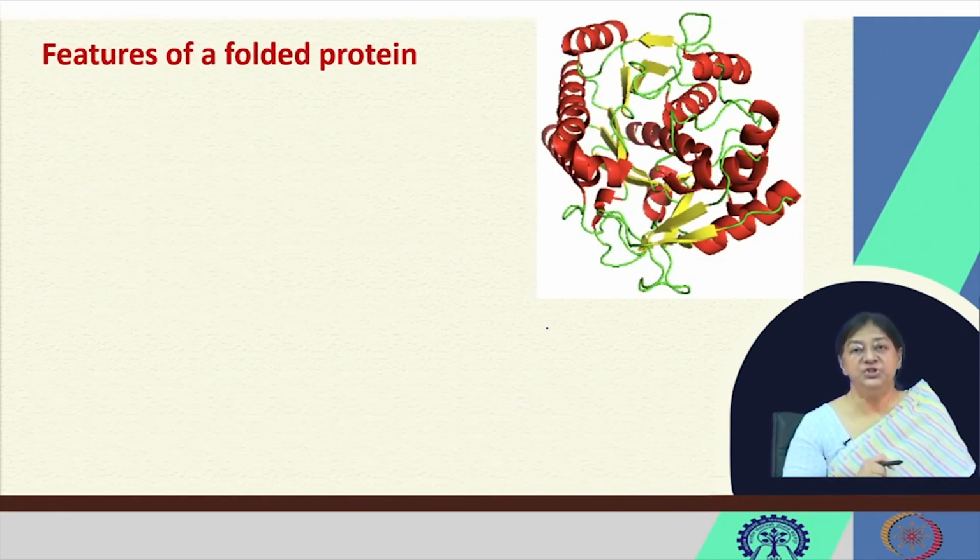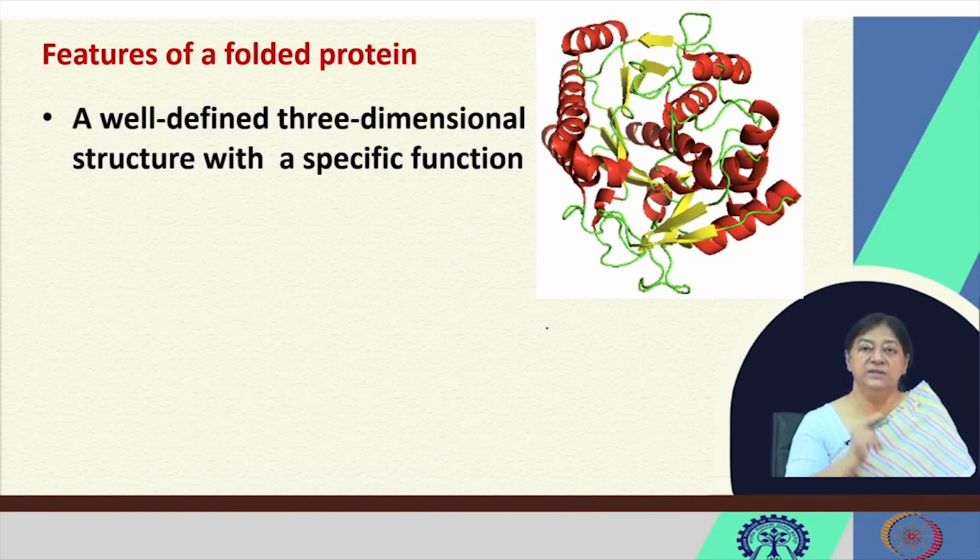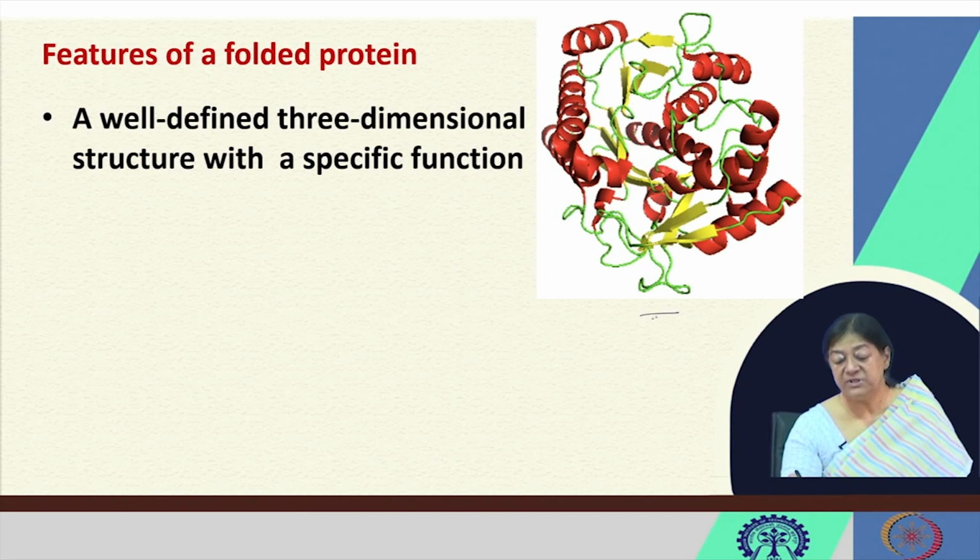So, if we look at the features of a folded protein, what are these features? The features are that there is a well defined three-dimensional structure with a specific function. The primary sequence that comprises the protein shown on the right here is a long polypeptide chain with different amino acid residues linked by peptide bonds, but it has folded into this particular structure.